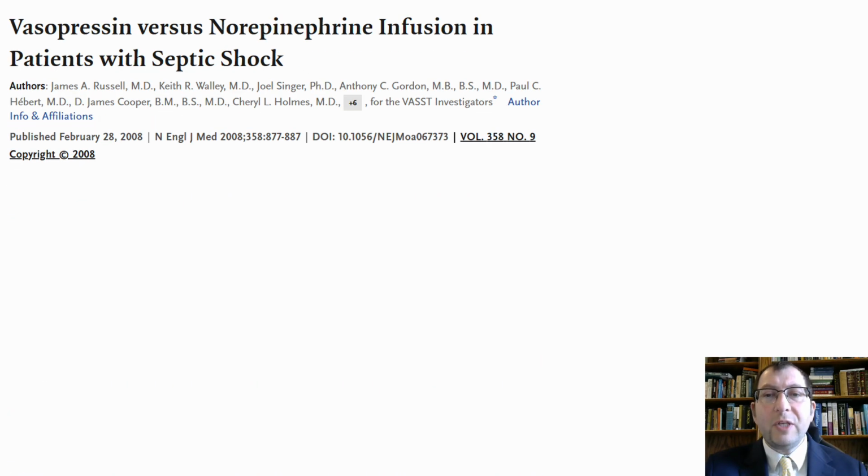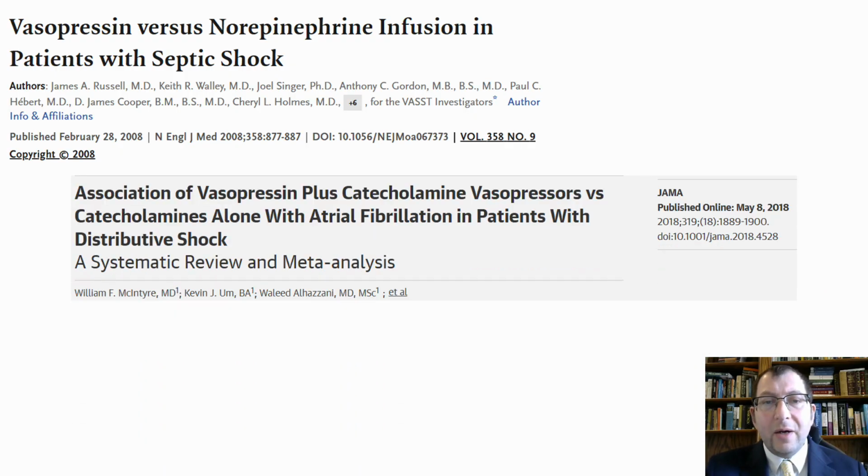Many other trials and meta-analyses have examined the role of vasopressin in distributive shock. In sepsis, the VASST trial, which was a randomized controlled trial of 778 patients, showed no difference in outcomes, including mortality, with the addition of vasopressin. McIntyre did a meta-analysis of 23 trials with over 3,000 patients with distributive shock.